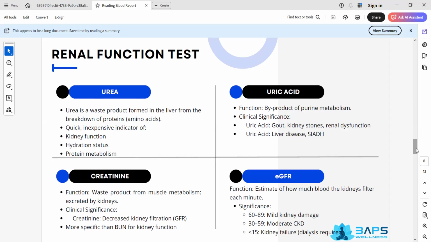There are certain other tests also, like cystatin C. Cystatin C also we can check. Then blood urea nitrogen. It is blood urea, the nitrogen part alone. Then microalbuminuria.